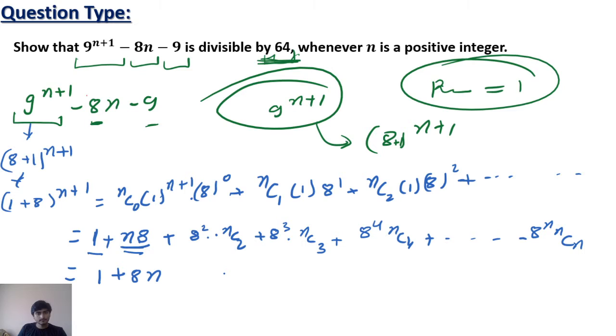Sorry, here we made a small mistake. See, this should be n+1, right? We missed this n+1. So in this case what will it become?